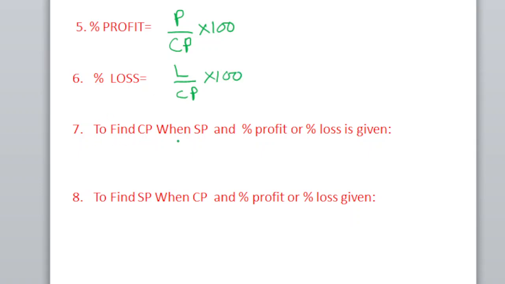Now to find CP when SP and percentage profit or loss is given, then what is that formula?